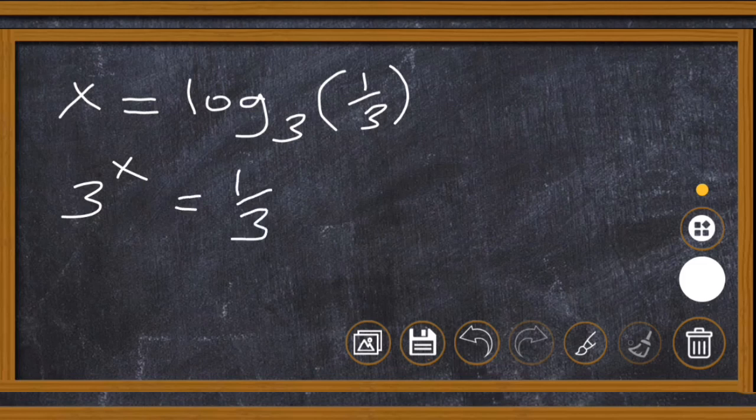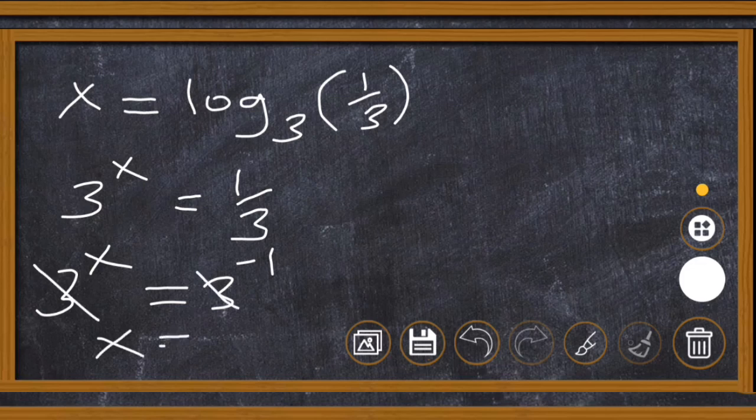I'm sure by now you have understood how we can convert them into exponential functions. In this case, 1 over 3 is the same as 3 to the power negative 1. So we have the same bases, so we can cancel them, and we remain with x equals negative 1. So this is the value of x.